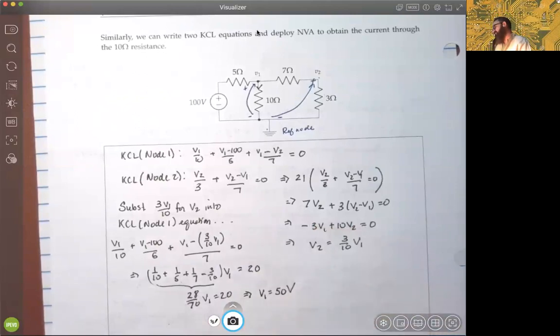Okay. So what we found is that the nodal voltage V1 is 50 volts. That's the voltage across the 10 ohm resistance.